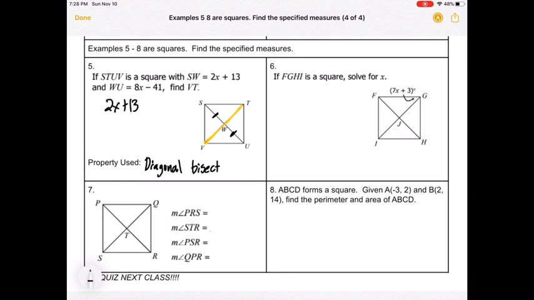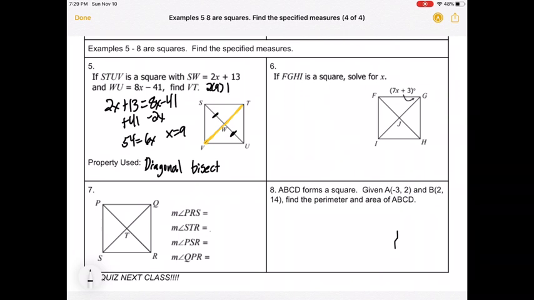So 2x plus 13 equals 8x minus 41. Minus 2x, plus 41. So you get 54 equals 6x. So x equals 9. Now both expressions are the same, so you can plug it into either. I'll plug it into SW because that's possibly easier to do in your head.